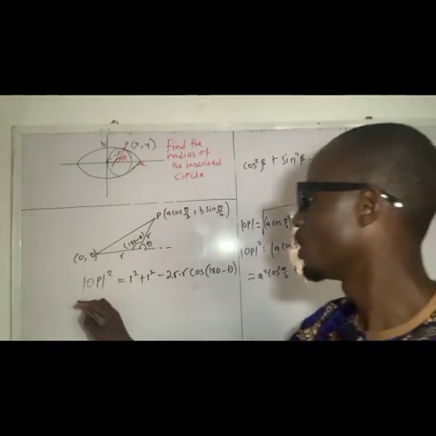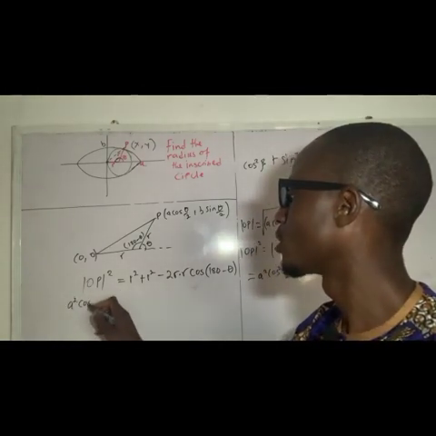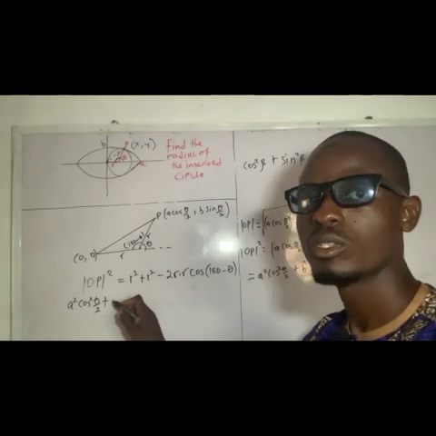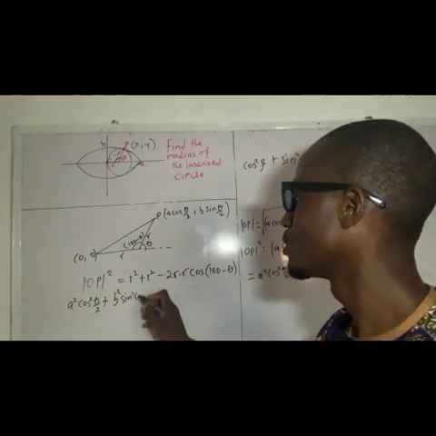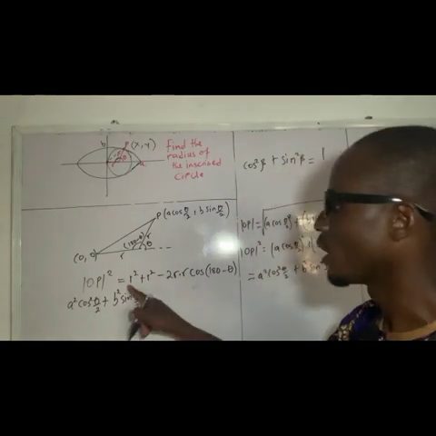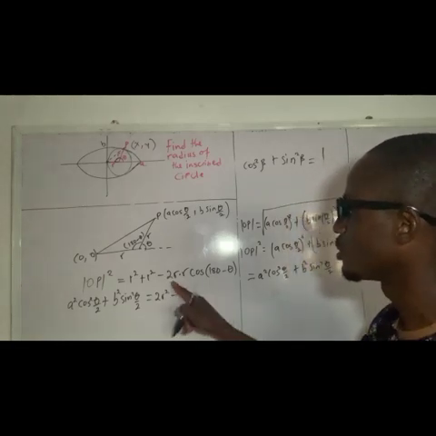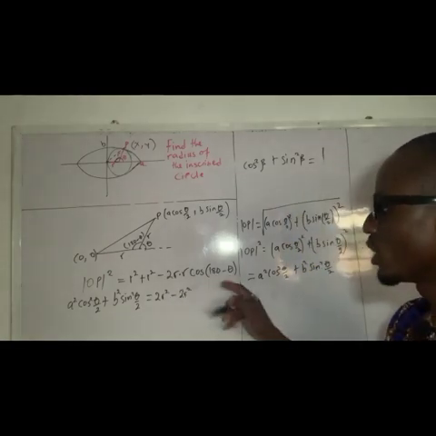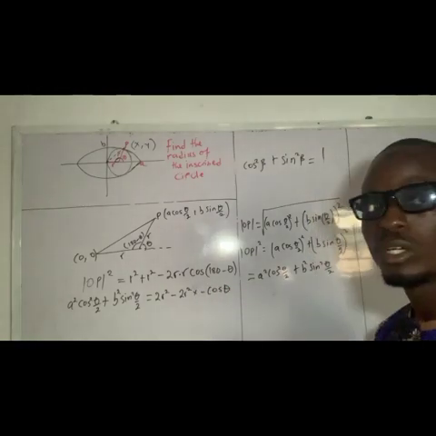So placing this here, everything here becomes a squared cos squared theta over 2 plus b squared sine squared theta over 2. Then r squared plus r squared gives us 2r squared minus, this is also 2r squared. Now 180 minus theta is the same thing as minus cos theta. You get that?